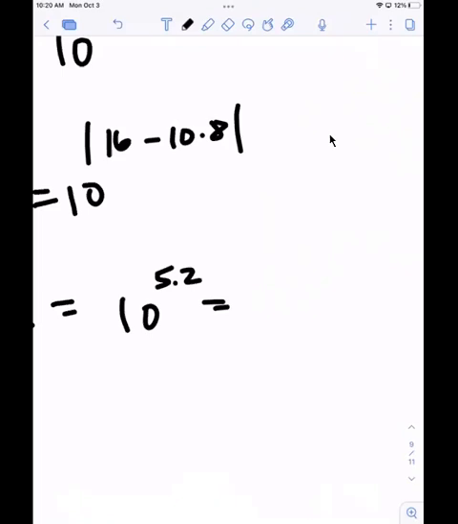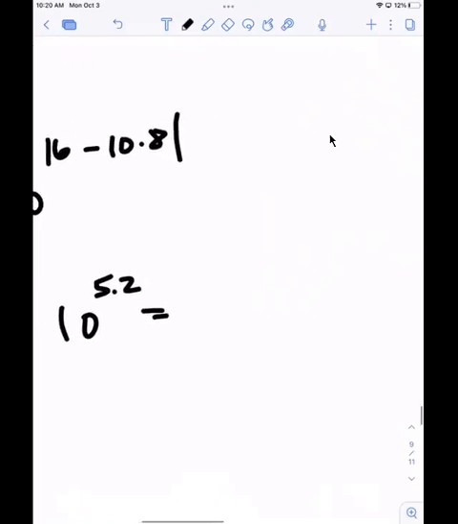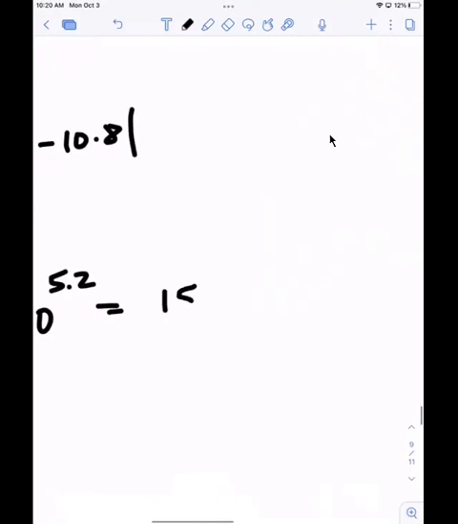That's to the power of 5.2, right? You can round it down to 5 if you want, but it's going to give you roughly the same answer. But go ahead. 158,490. Okay.